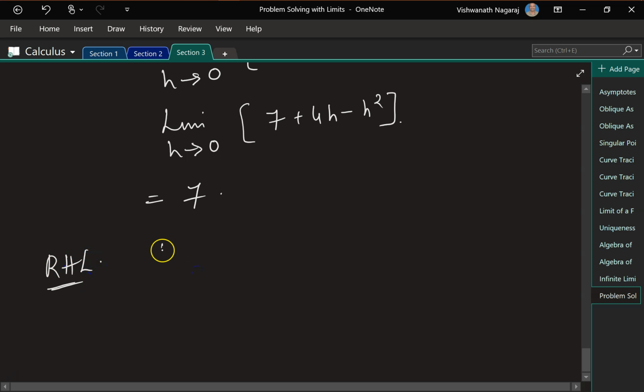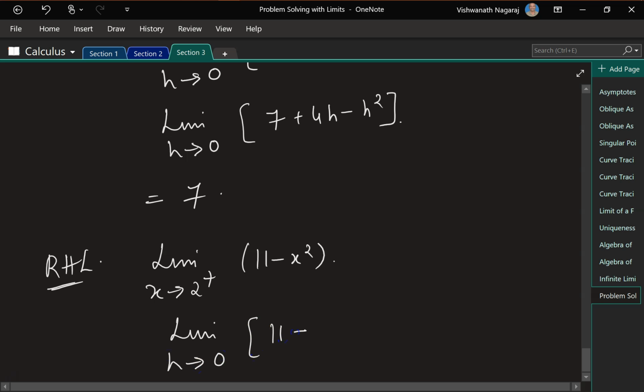RHL would be again the limit as x approaches 2 from the positive side of 11 minus x square, or as h approaches 0 of 11 minus (2 plus h) square.